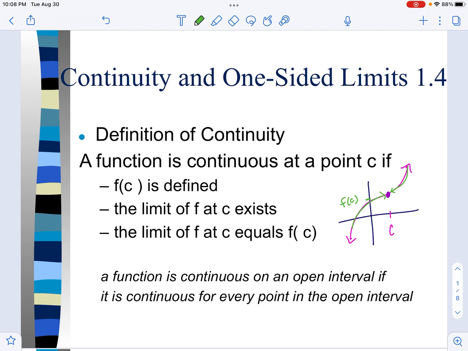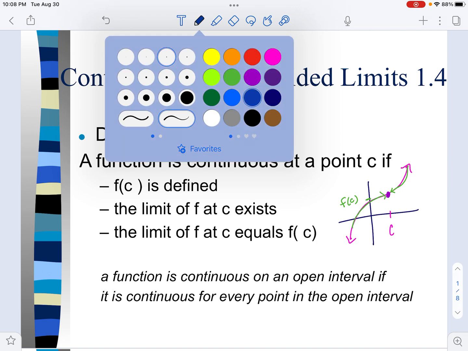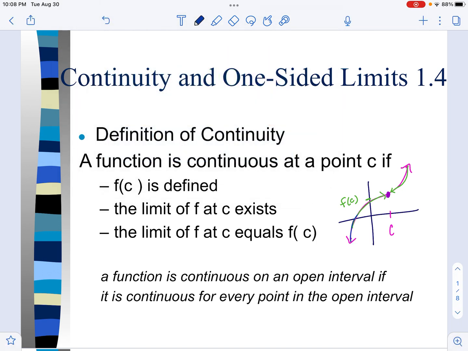Now, one thing that I think of as continuous is if you start to trace a function, then you should never pick up your pencil. If it's continuous, you should never have to pick up a pencil. So there shouldn't be any holes, asymptotes, or gaps when you are looking at a graph.